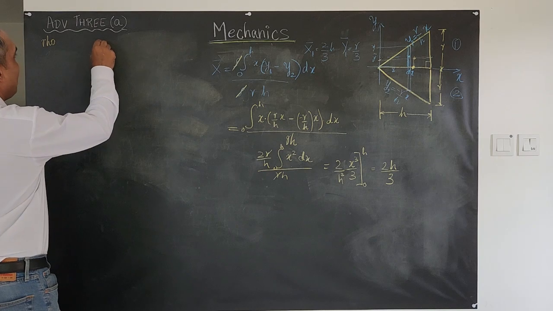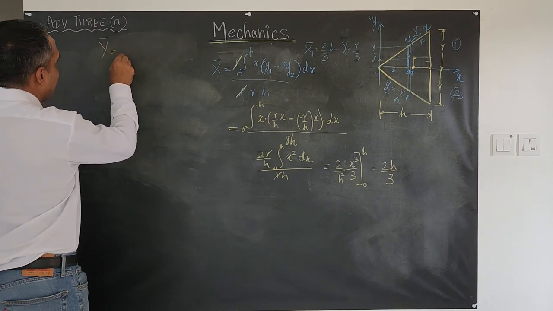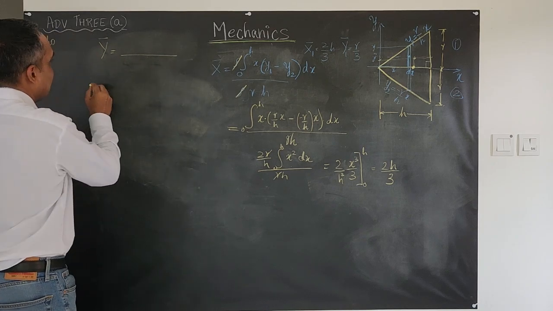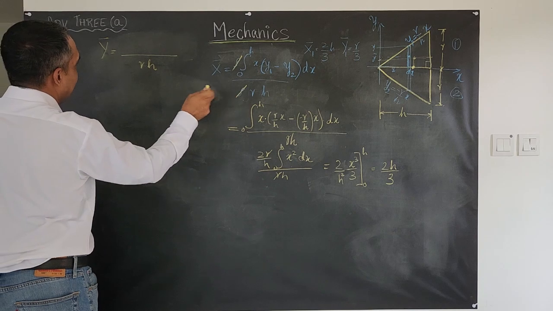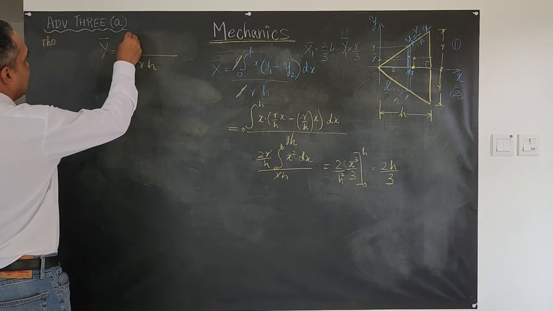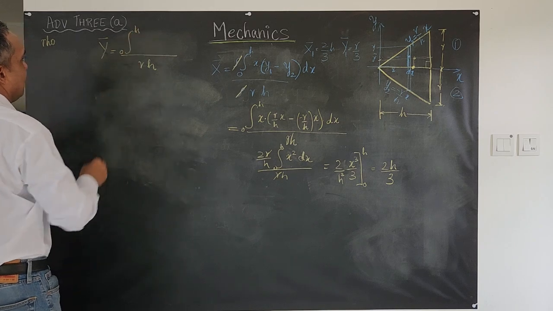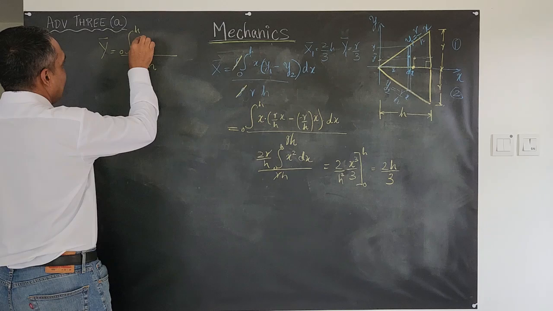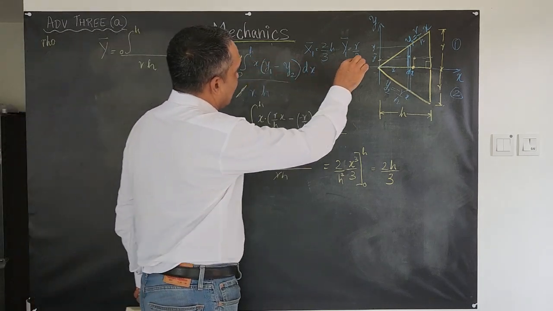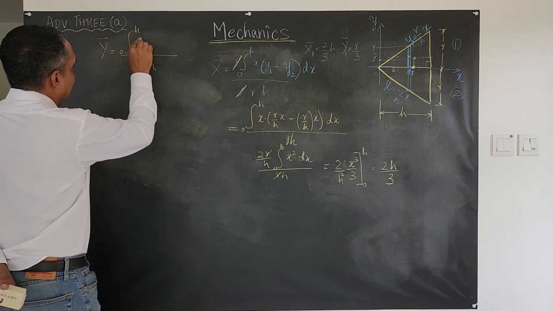Let's say we have y bar, and this time I'm going to omit my mass of the denominator, just write that as r times h. And I'm going to write this as integral 0 to h. For y, it was 1/2 y squared, which was really half this value.